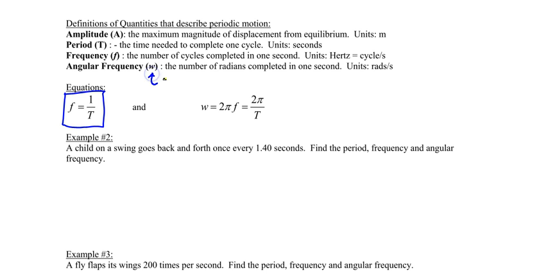This is actually technically a small omega, but you could just look at it as a w. And it is equivalent to 2 pi times the frequency, which is also equal to 2 pi divided by T. Now this formula is not on the AP formula sheet, but you'll see as we go through this chapter it might be a very handy one to know.